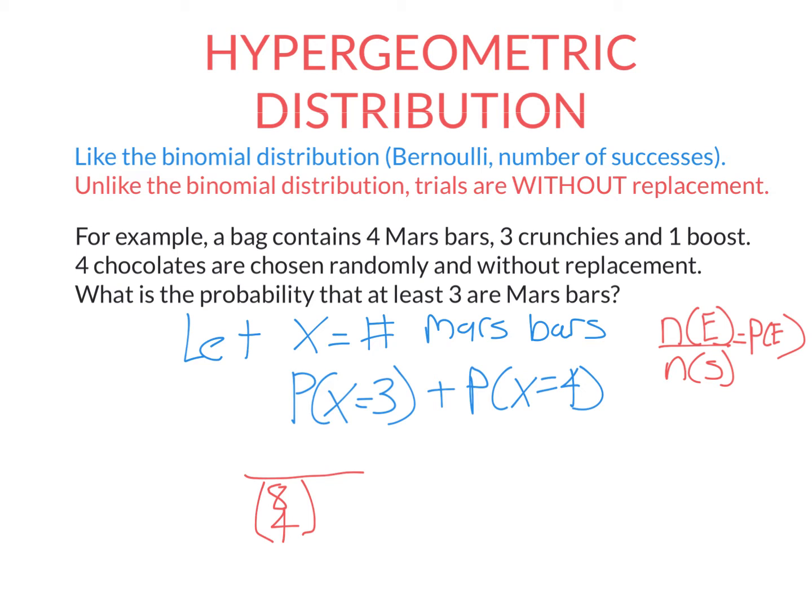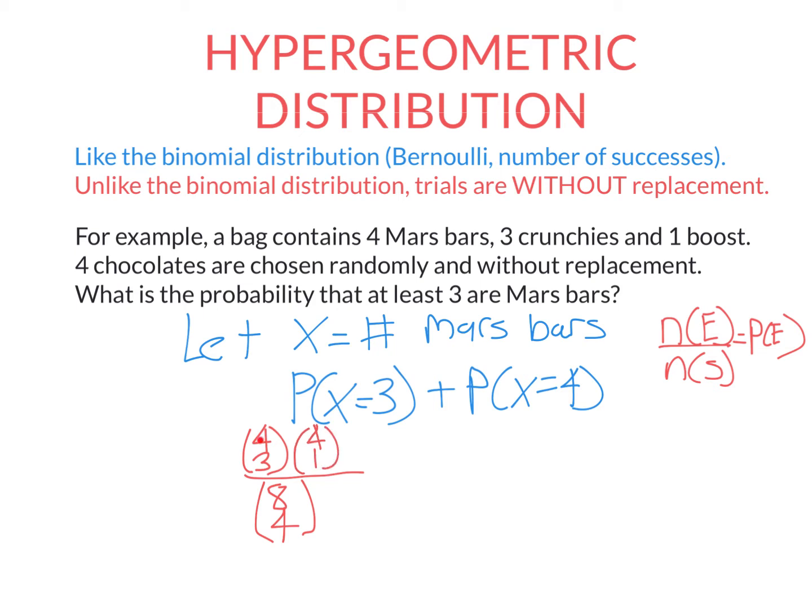So how many ways can I pick exactly 3 Mars bars? Well, there are 4 Mars bars, and I'm choosing 3 of them. But if I pick 3 Mars bars, I've picked one of the other 4 chocolates. So for each way I pick the Mars bars, I have to pick the other chocolate a different way. There are 4 options for the other chocolate, and I'm picking one of them.